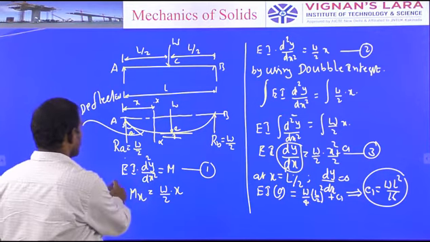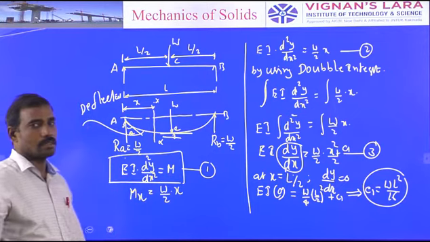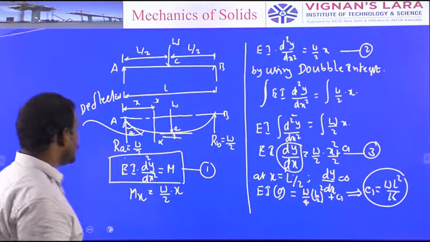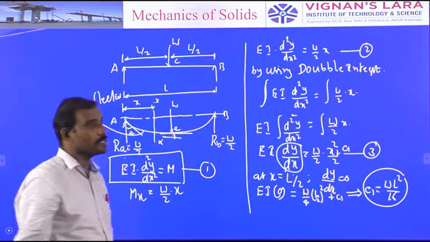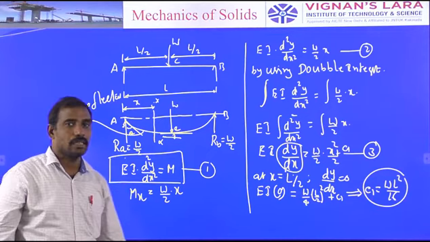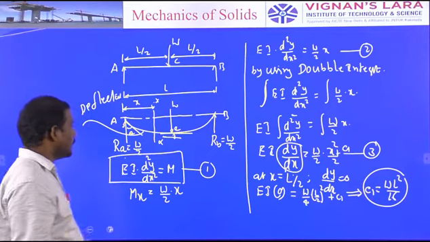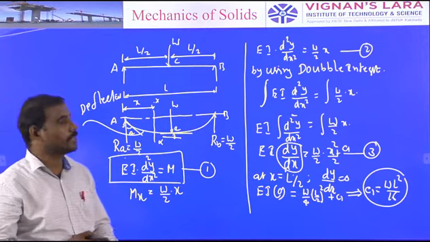So we know the governing equation, that is EI into d square y by dx square is equal to M. Here initially we have to formulate the bending moment equation. This is one important parameter which is discussed in the second unit as well as the third unit. So how to formulate the bending moment equation?